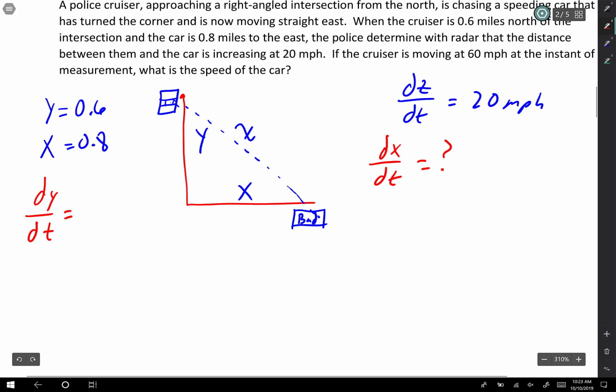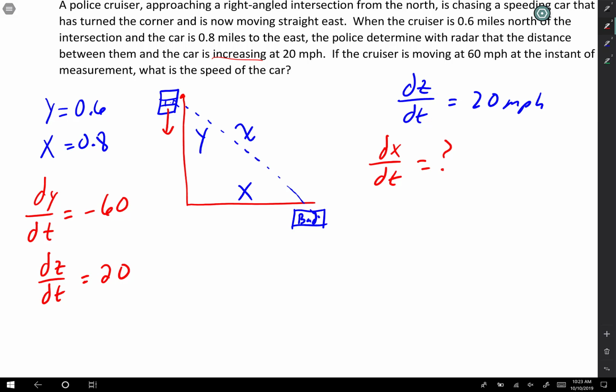Do I put 60 or negative 60? The way I drew my negative, because he's going that way, so negative 60. I don't know dx/dt, but I know dz/dt. dz/dt is 20, positive. Wait, is it positive or negative? Increasing, yep, positive. Are we still okay, guys?